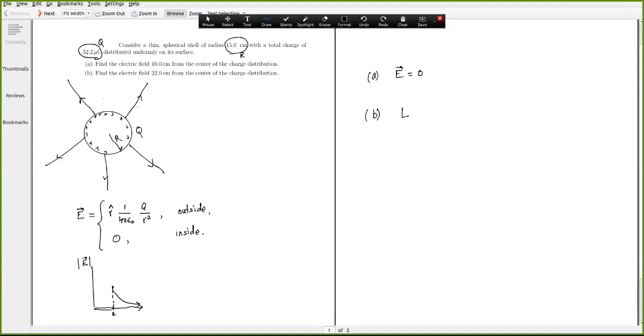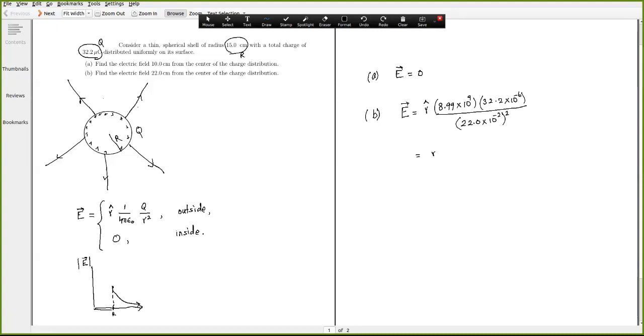So the electric field is equal to r hat, pointing outward, and K is 8.99 times 10 raised to 9, that is 1 over 4 pi epsilon naught, times Q, which is 32.2 microcoulomb, so 10 raised to minus 6 coulomb, divided by r squared, which is now 22.0 times 10 raised to minus 2 squared.